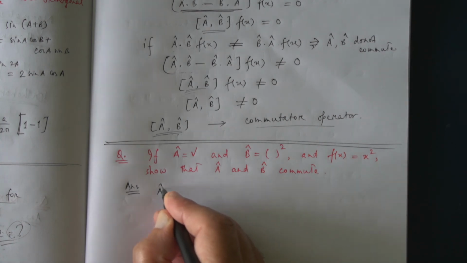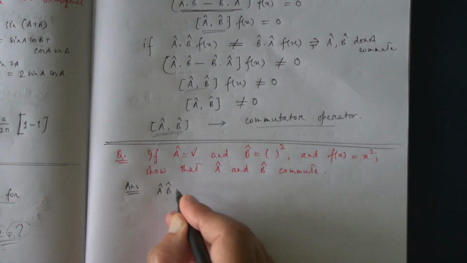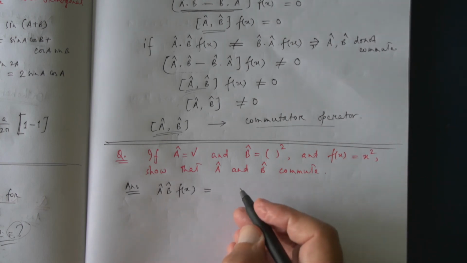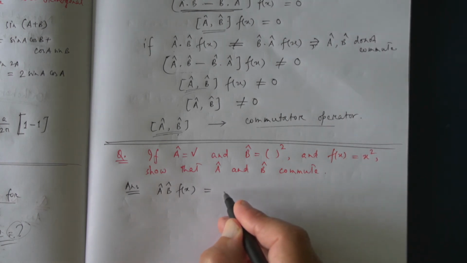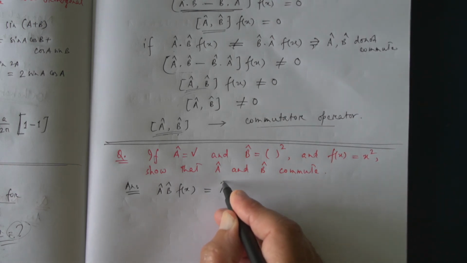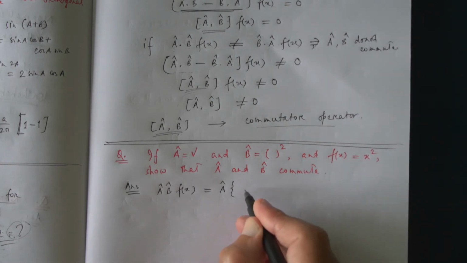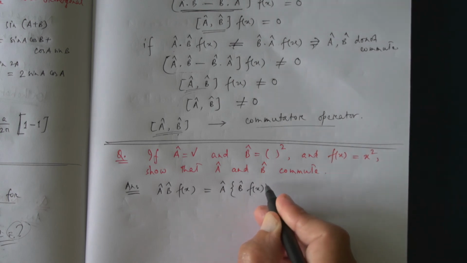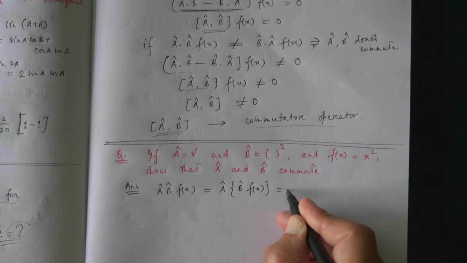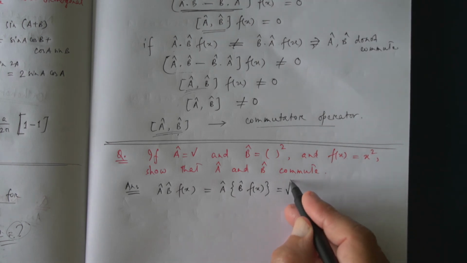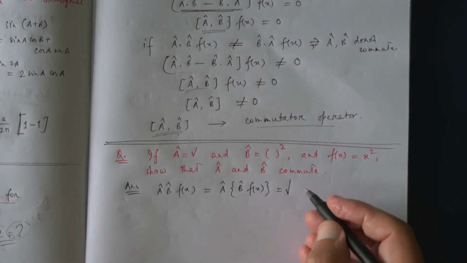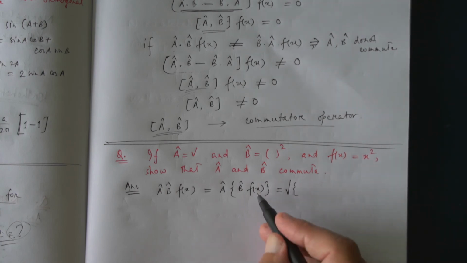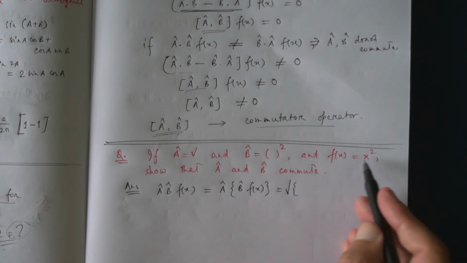Say AB f(x). Let me write it like this: A B f(x) is equal to square root, A is square root and B is square of what? f(x) square.